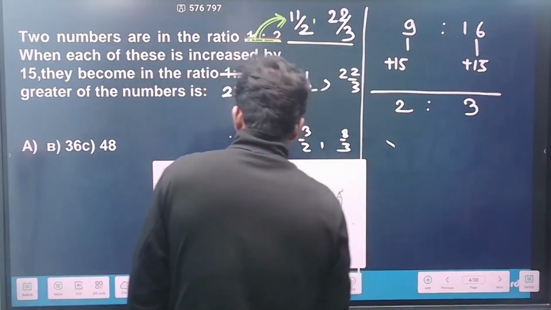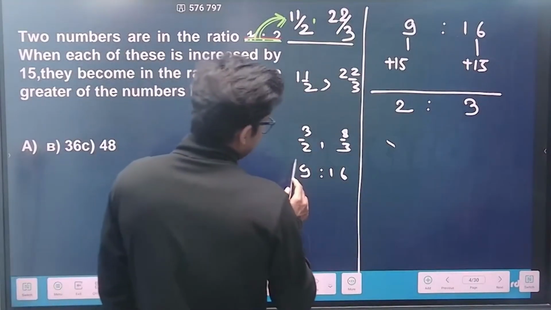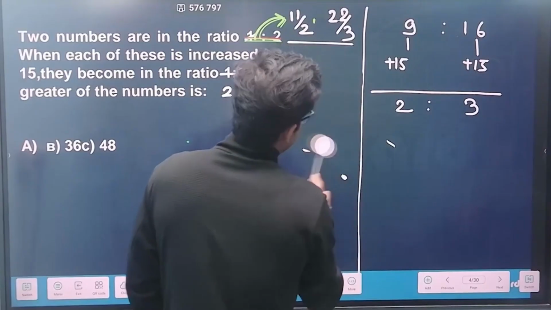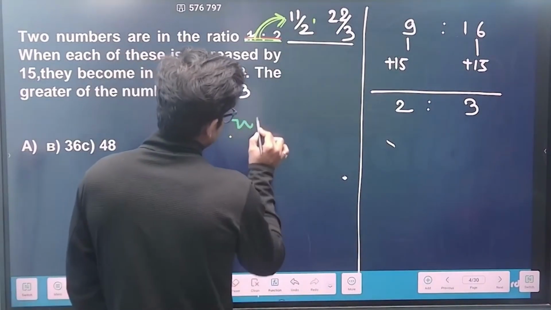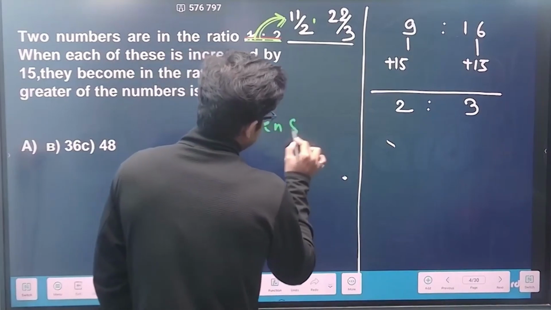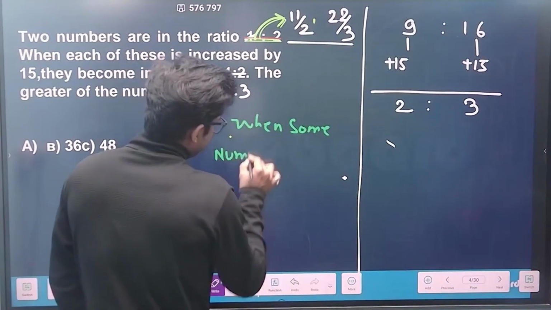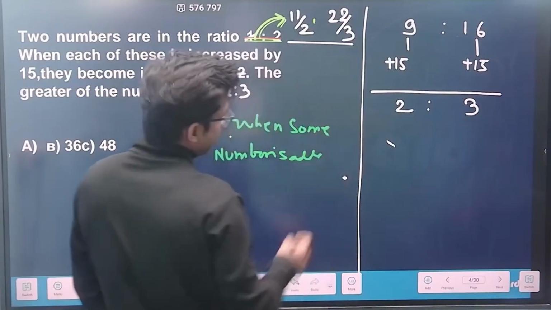So guys, let me give you one of the tricks, which will help you a lot. When the same number is added, what we do basically is we make the difference equal.